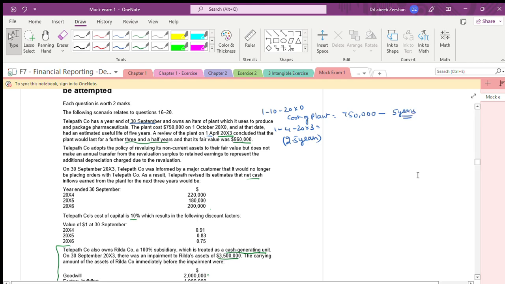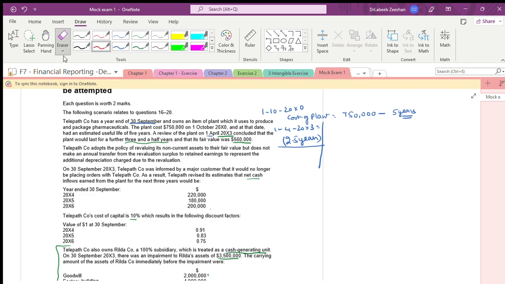Fine. 2.5. Now, cost of the plant is 750.